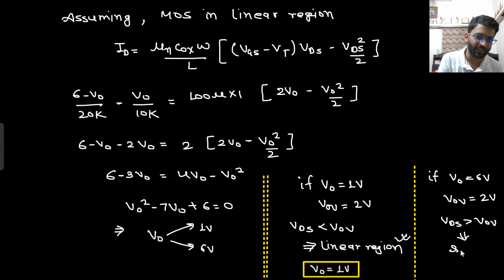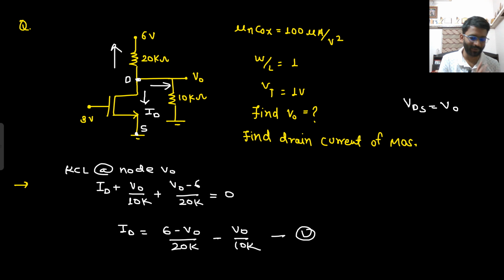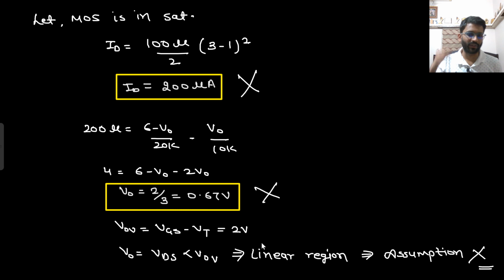That shows saturation region, but in the previous part of the solution we found out that this is not in saturation region. The MOSFET is not working in saturation region, because when we assumed it in saturation region, it came out to be in linear region. So this is certainly not working in saturation region.